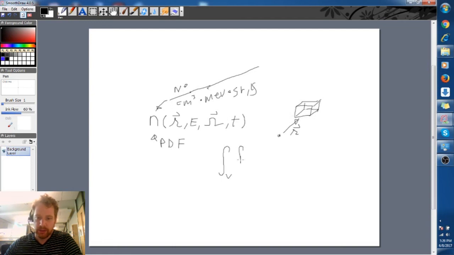We'll call this V. We'd integrate across all the energies. We would integrate across all the directions, and we'll omit time as an optional parameter since, for simplicity's sake, we're in steady state of this steady state neutron density function.